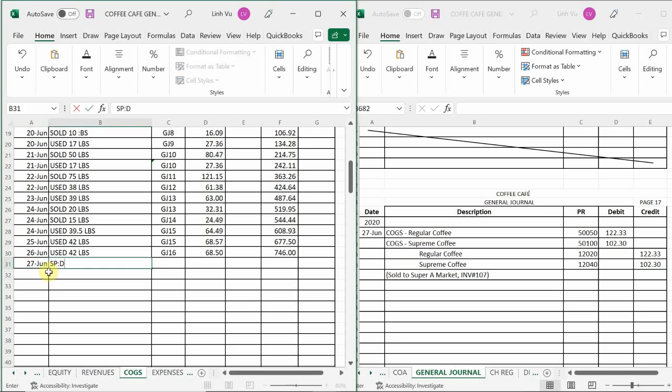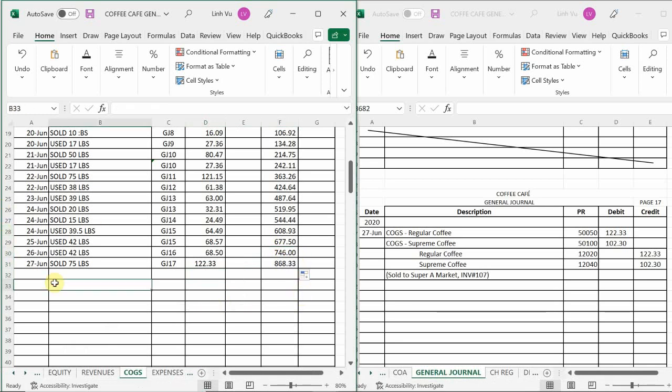For regular coffee, it's 122.33. I have $868.33.